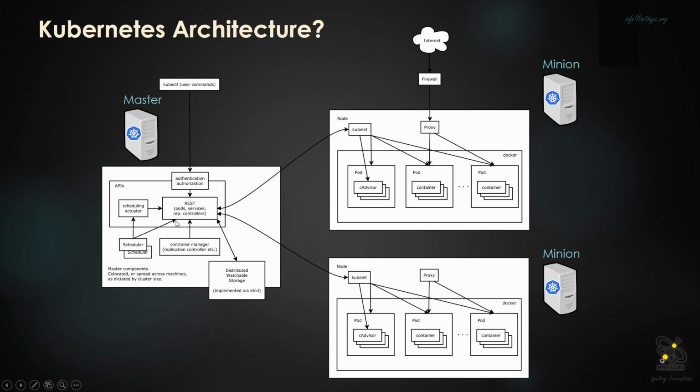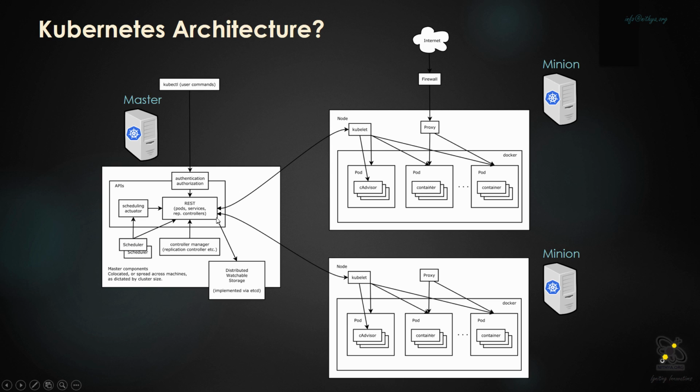The scheduler takes the pods and deploys them to one of the minions via kubelets. As I told, kubelet is the master and supervisor for the individual nodes, so whatever commands he gets from the scheduler, he's going to do.